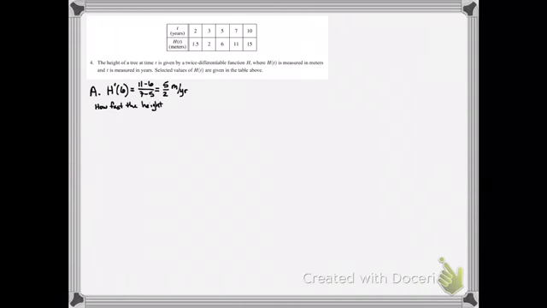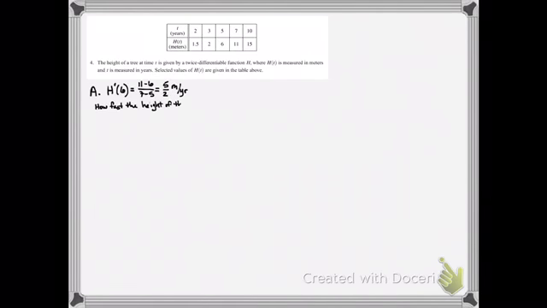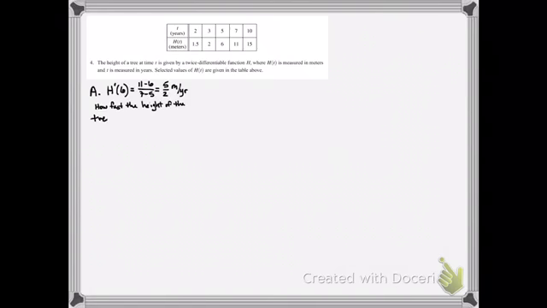And they said specifically to use units. And so it's going to be how fast the height of the tree is changing in meters per year. Make sure you put the units in your explanation. You don't want to lose points because you didn't put it there, even though it's in your answer. It's good to have them in the explanation as well.